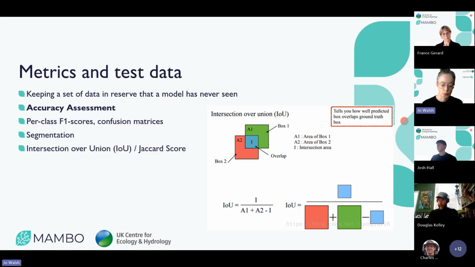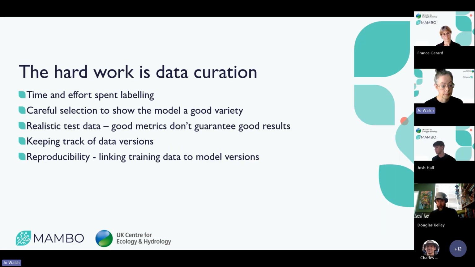There are scores for individual classes, but for a segmentation problem like this, the scores to be looking at are intersection over union or Jaccard score, where we're looking at the spatial overlap between the area that we've correctly predicted and the area that we've incorrectly predicted. And that's the main metric that we steer by to know how well our model's performing.